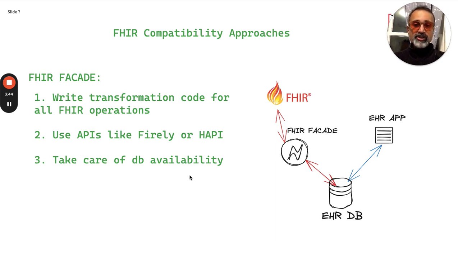You have to layer your traditional HIS system with the entire API specification implementation on top of your existing EHR database. There are proprietary solutions from Firely, and you can also leverage the open HAPI FHIR implementations as well. But it's a very developer intensive approach.